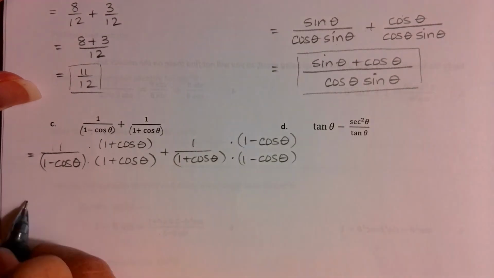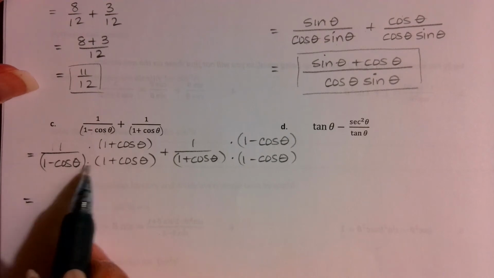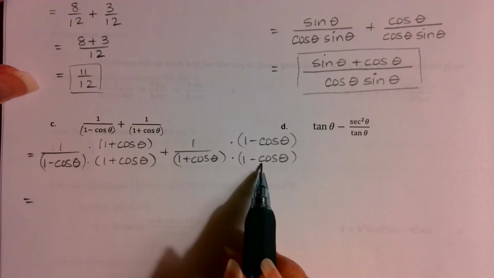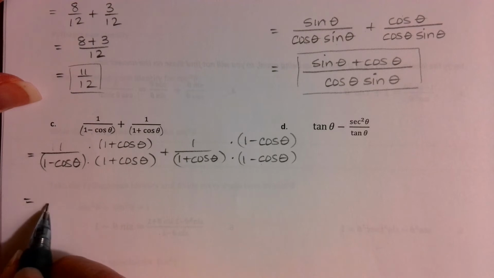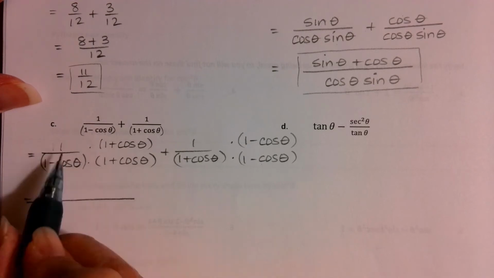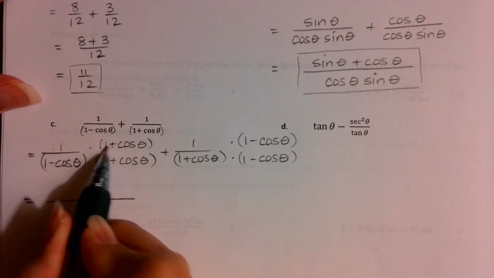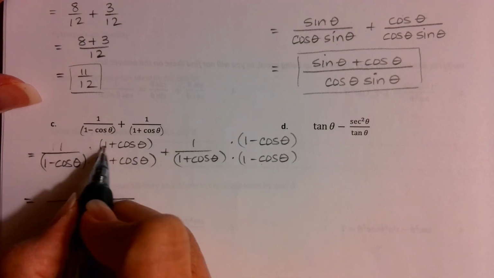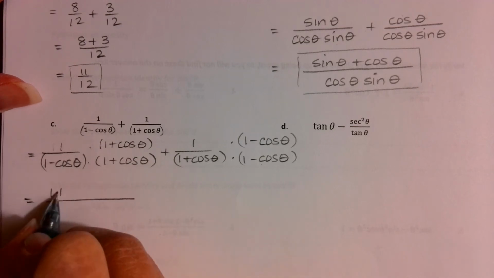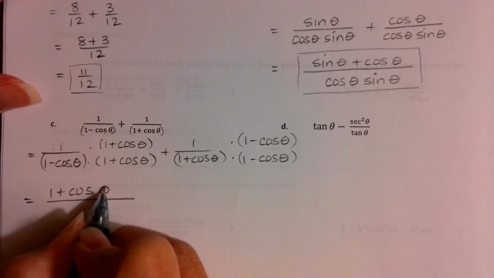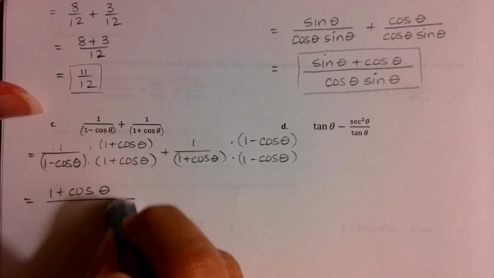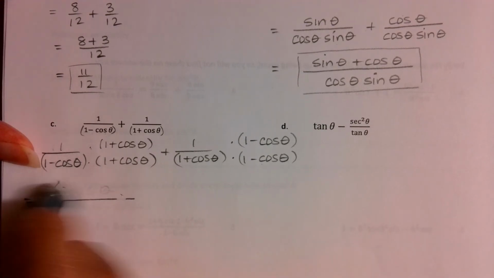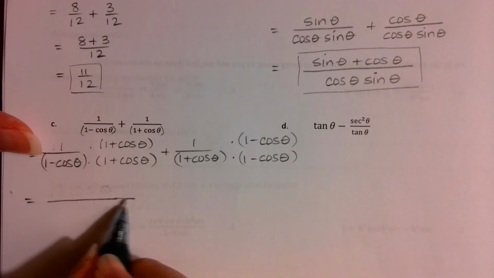Okay. All right. So now that we have the denominators being the same, let's go ahead and put them all together. Well, the 1 has to multiply by both of these, and 1 times that will just remain 1 plus cosine theta. Let me just scoot that over a little bit because it needs to be long anyway.